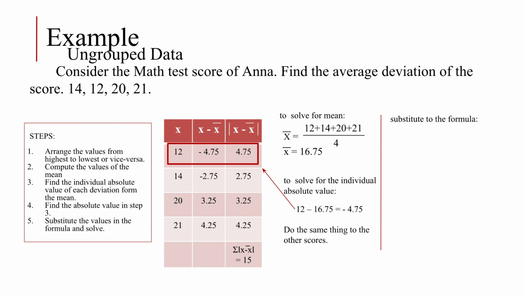Again, this is the summation, meaning after you identify the individual absolute values, you will add them up to get the summation of it. So just substitute to the formula: summation of absolute value of x minus mean bar is equal to 15 divided by 4, which is 3.75. Therefore, your mean absolute deviation is 3.75.